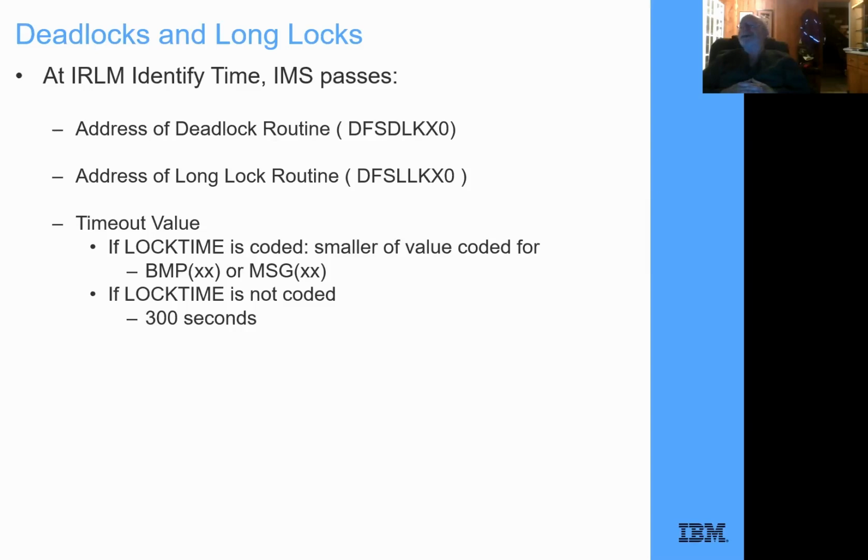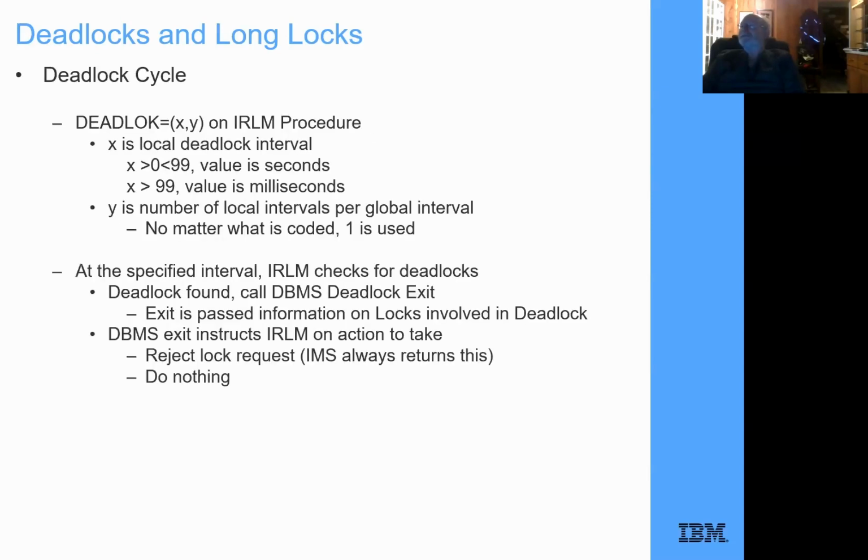If you're not coding it, IMS passes 300 seconds, or 5 minutes. If lock timeout is coded, the smaller of the value coded for BMP or message is passed. As we'll see in lock timeout, if you're going to implement it, you can code different timeout values for message-oriented processing and batch-oriented processing.